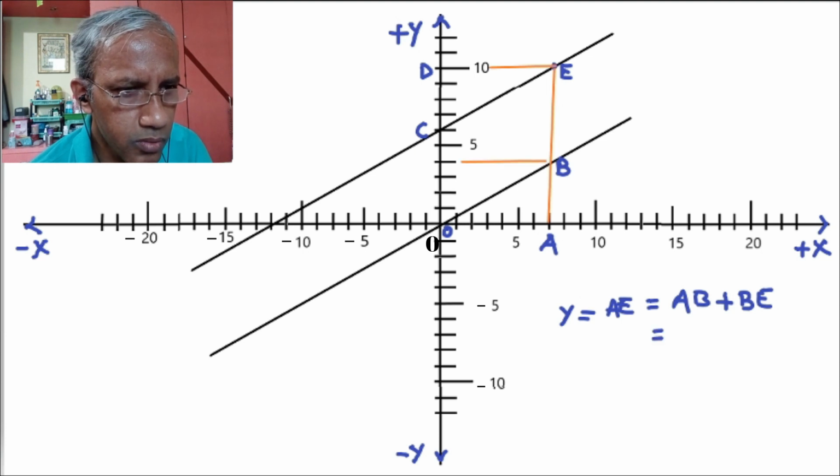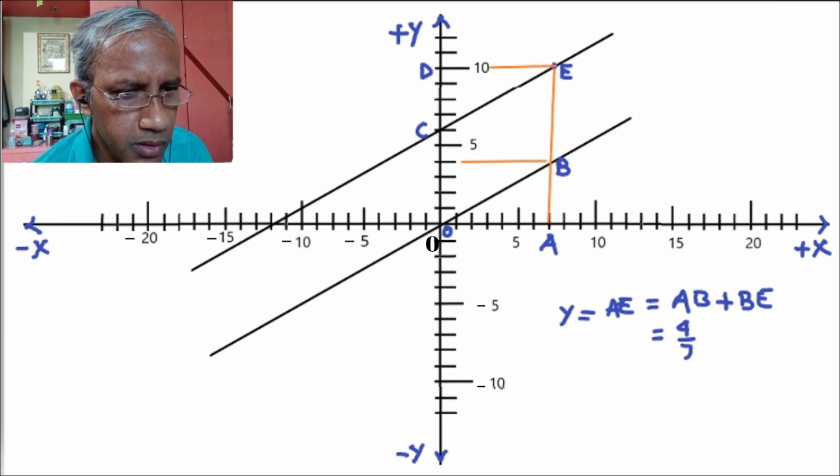AB is equal to 4, and that by the rule of the right angle triangle would be equal to the coefficient of x, 4 by 7, because 4 is the y value at AB and 7 is the x value at OA.